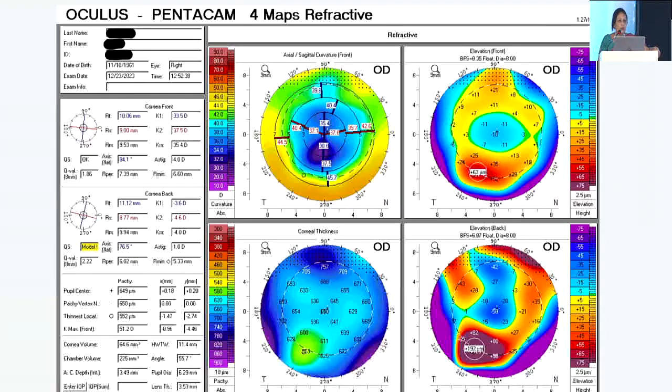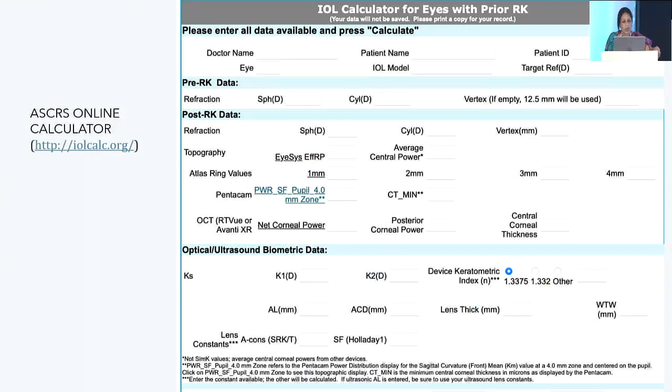What we need to do is use a device like Pentacam, which estimates both the anterior and the posterior corneal curvatures to estimate our IOL power. And this is the ASCRS online calculator, where you can feed in all these values, and you get a reasonably correct calculation of IOL power.